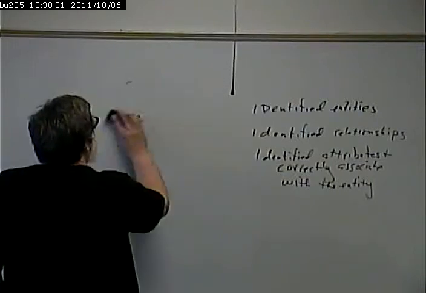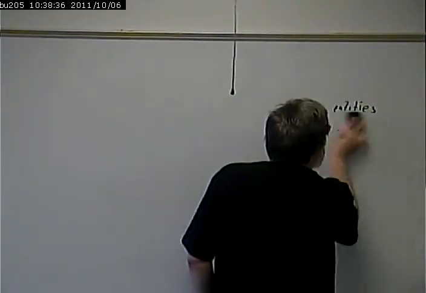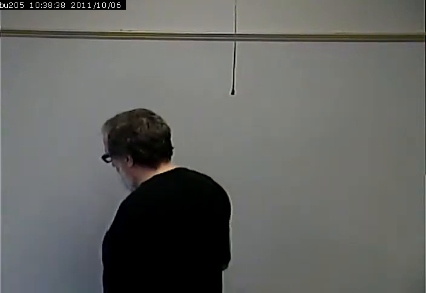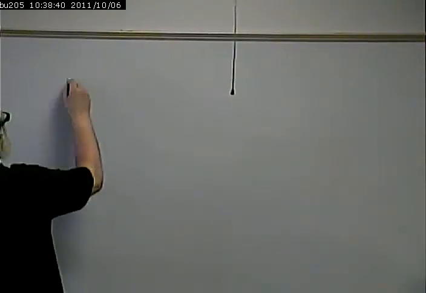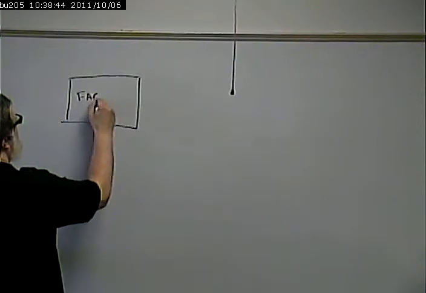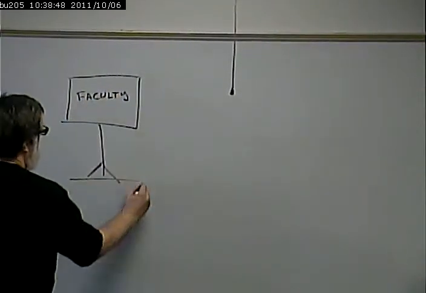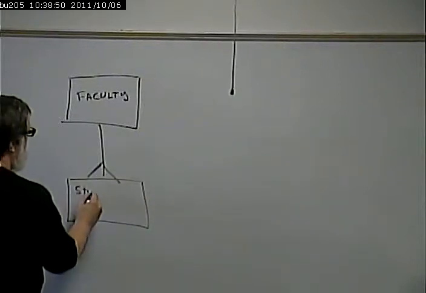The relationship that you're going to implement in the database most often is called a one-to-many relationship. And on an ERD diagram, or entity relationship diagram, it would be represented like this. Let's go back to the faculty-student example.